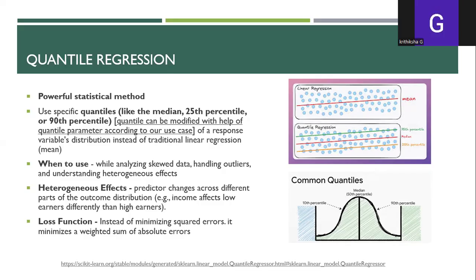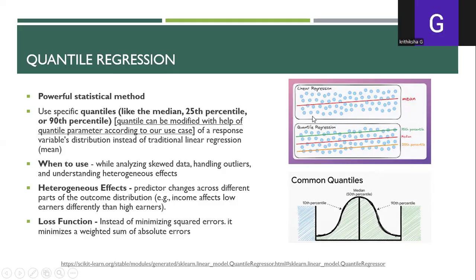Here we find the median, the 25th percentile and the 75th percentile. For example, quantiles are like the 50th percentile, 10th percentile, 20th percentile, which divide the data set, and it helps to find multiple lines. For example, in linear regression we have only one line.